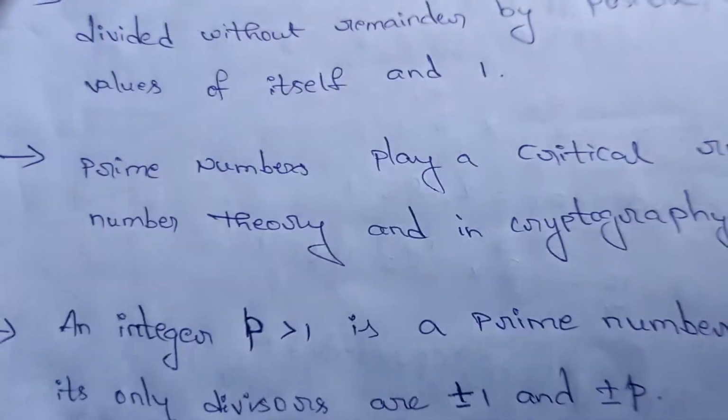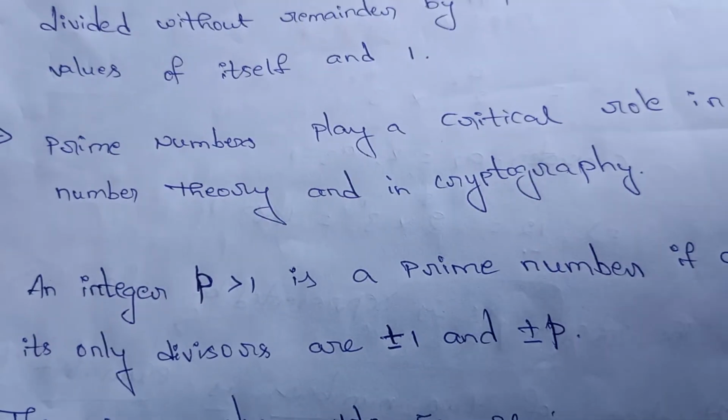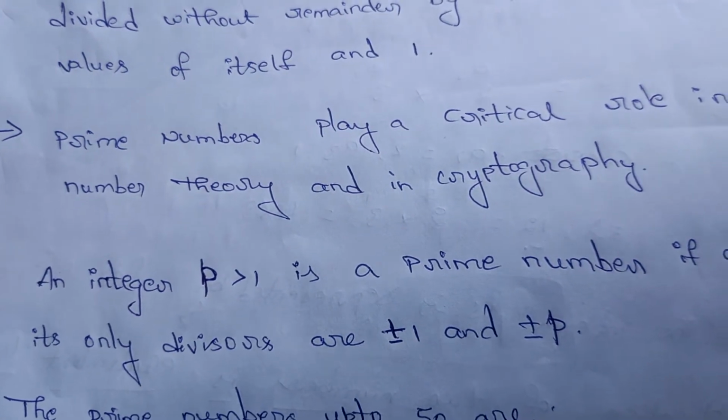An integer p greater than 1 is a prime number if and only if its only divisors are 1 and p.